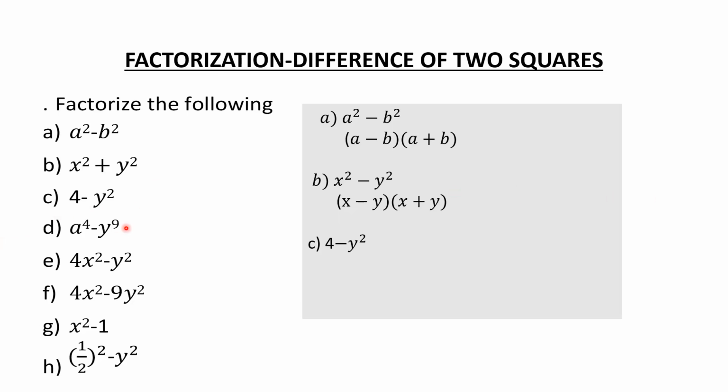4 minus y squared. We can write y squared without the power 2. But for numbers, of course, if you want, you can express 4 with a power 2, like you write 4 as something to the power 2, such that what you get is equivalent to 4.